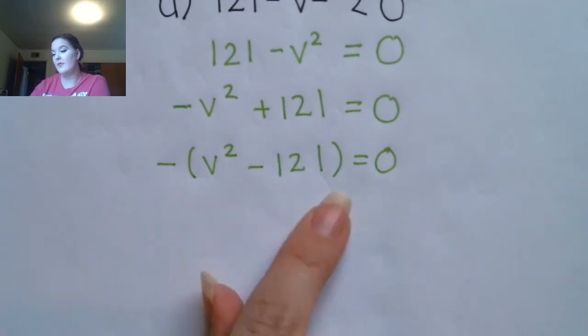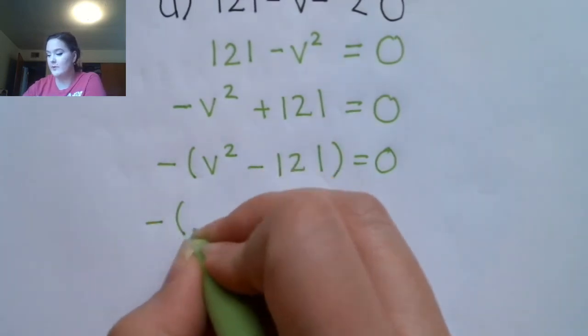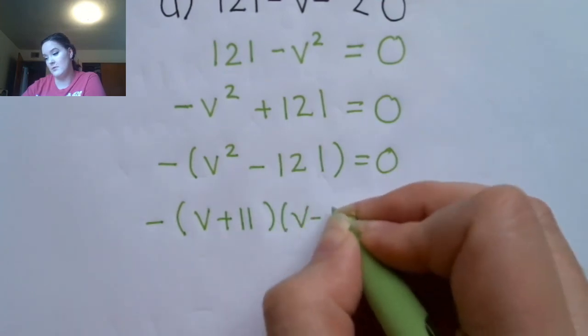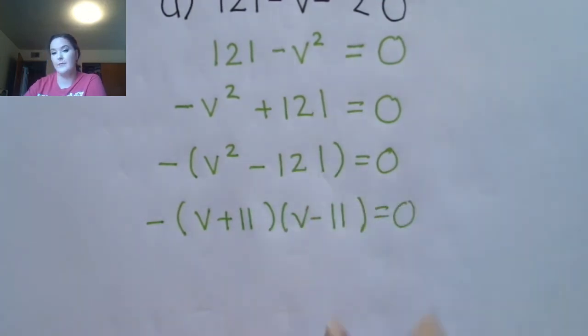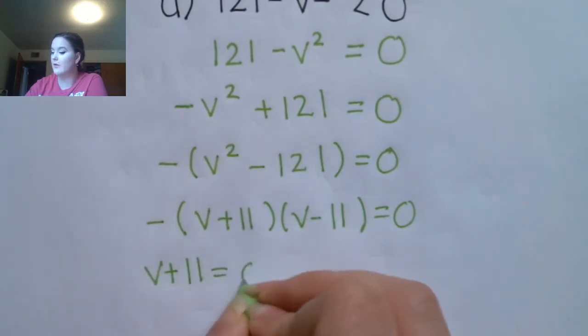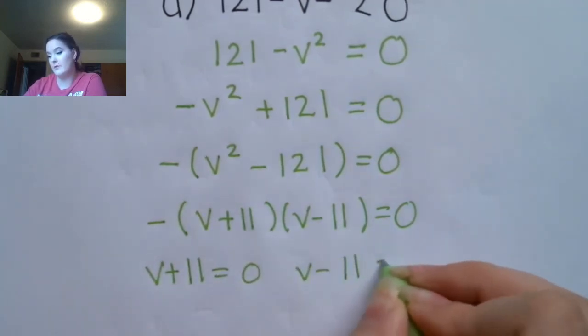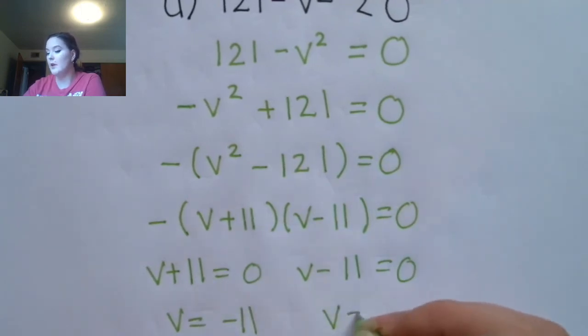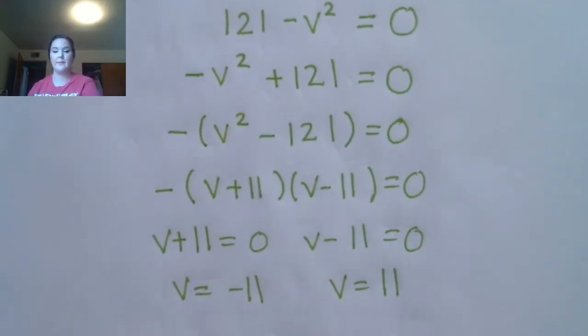Okay, and then I'm going to factor this as the difference of squares. Okay, set each of my factors equal to 0. And I get v equals negative 11, v equals positive 11.